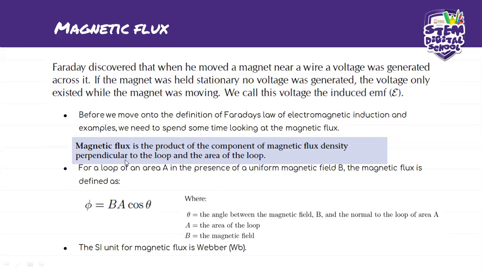Please mark this down. The component of magnetic flux density perpendicular to the loop and the area of the loop.